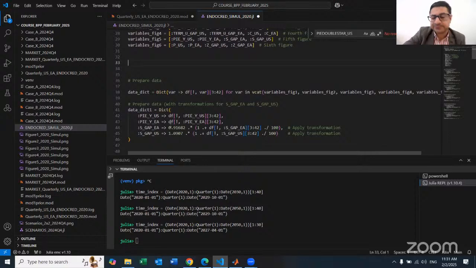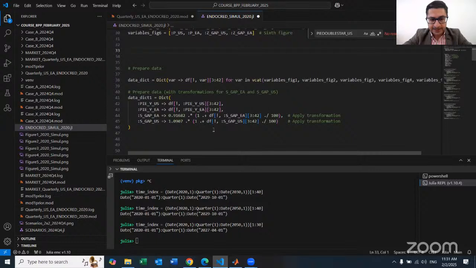Then what we are saying after defining this, for example, for the nominal exchange rate, I'm going to plot some... Because in the model the exchange rate is just the deviation of exchange rate from steady state.